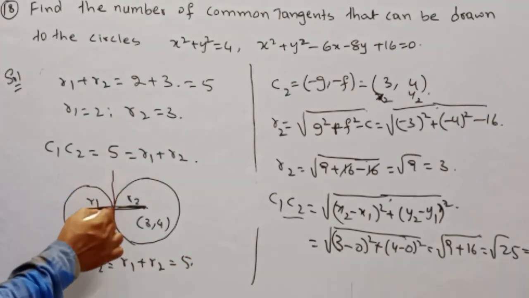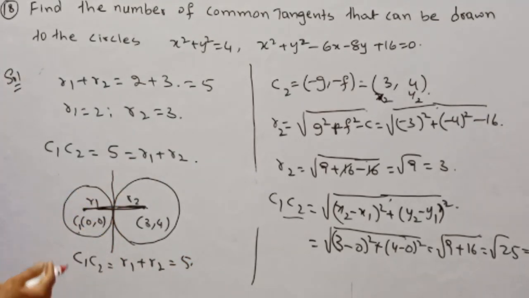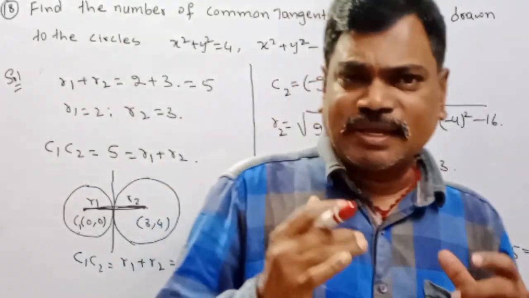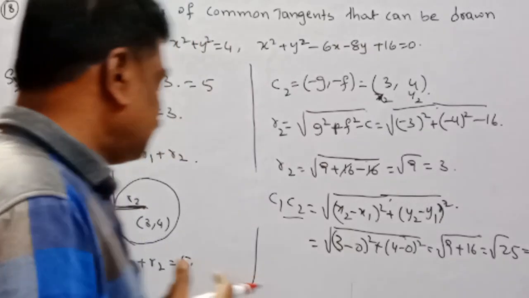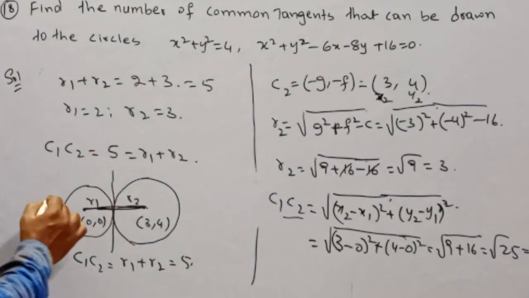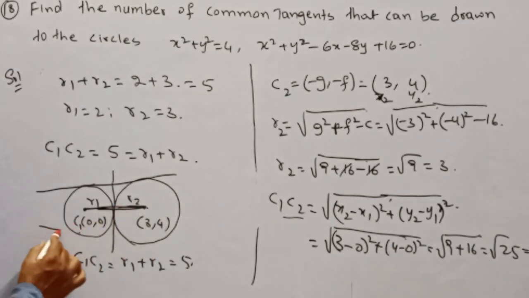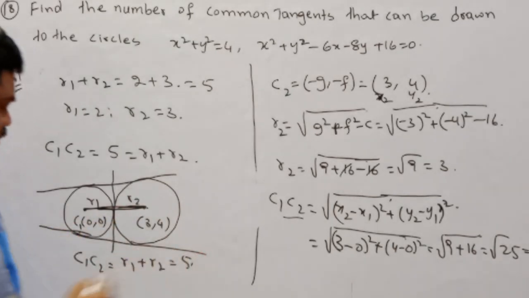What are the common tangents? Here two circles touch each other externally. So this is one common tangent, and this is another common tangent, and this is another common tangent.